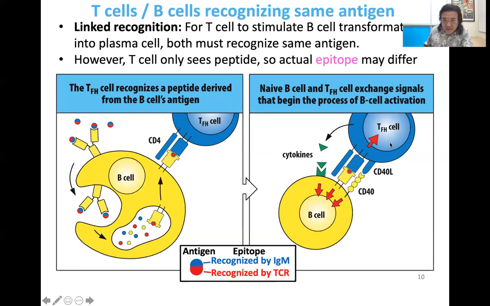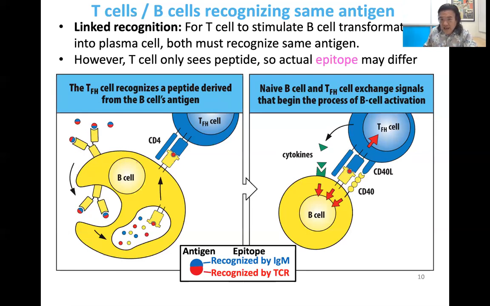The follicular helper cell has CD40 ligand on its surface, and the woken up B cell has now started expressing CD40 on its surface so that it can see the CD40 ligand signal. So this B cell knows that this T cell is sending messages that are meant for it.